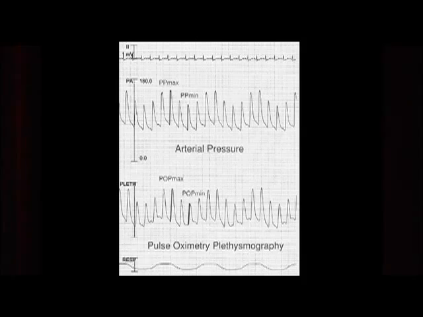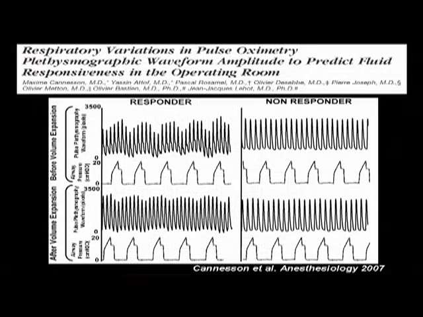And finally, in a study that has been published more recently, we tested the ability of this parameter to predict fluid responsiveness in patients under mechanical ventilation and general anesthesia. And we found that patients who had a big respiratory variation in the plethysmographic waveform were more likely to be responders to volume expansion.